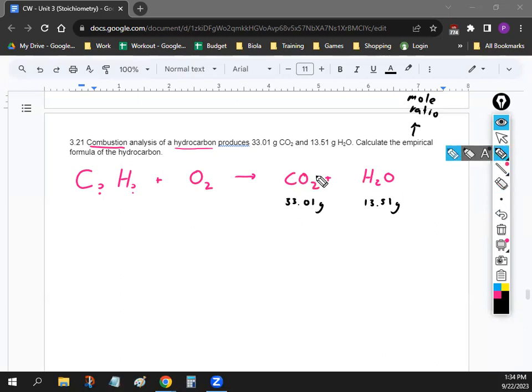So let's take a look at CO2. It tells you that you end up creating 33.01 grams of CO2. And so we're going to use that info to find out how many moles of carbon there are. So, super simple. We know the molar mass, 44 grams of CO2 inside of every mole of CO2.